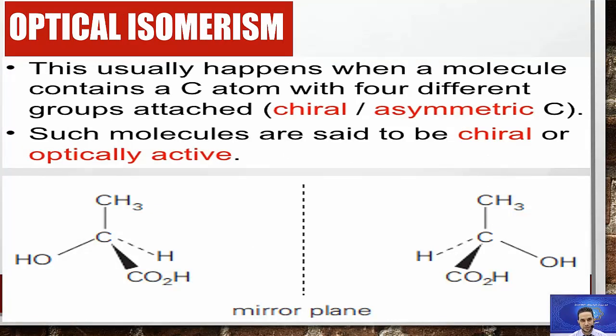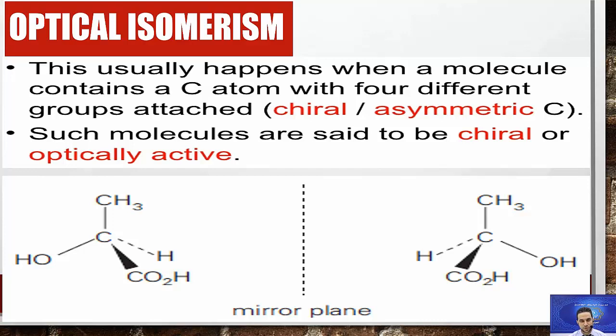Now the last type, it is called optical isomerism. Optical isomerism occurs when I have a chiral center. What is meant by chiral center? It is a carbon atom bonded with 4 different groups. See the compound, down, carbon. You know that carbon forms 4 bonds.